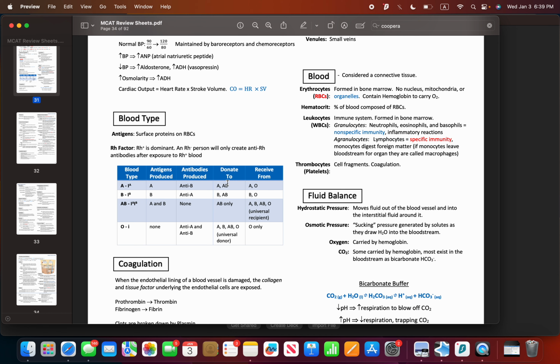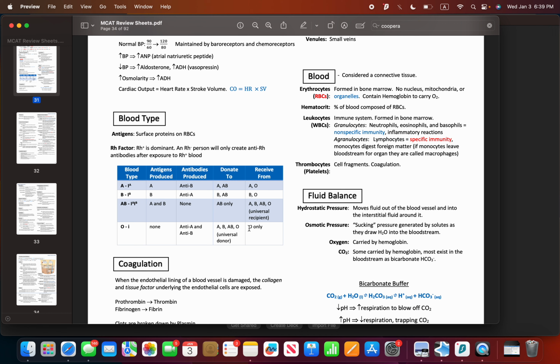Now, who can they donate to? So the O people are great donors. They can donate to everyone. They are called the universal donor, and the AB people are called the universal recipients.